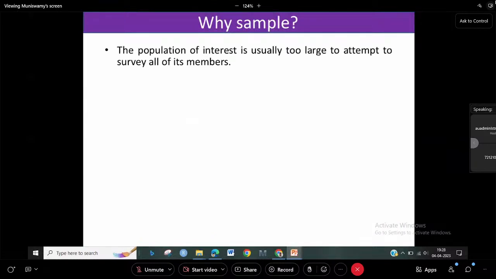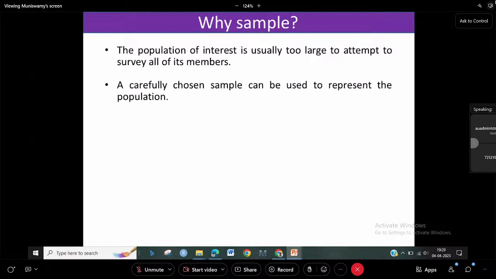So the population of interest is usually too large to attempt to survey all of its members. A carefully chosen sample can be used to represent the population. The sample reflects the characteristics of the population from which it is drawn.